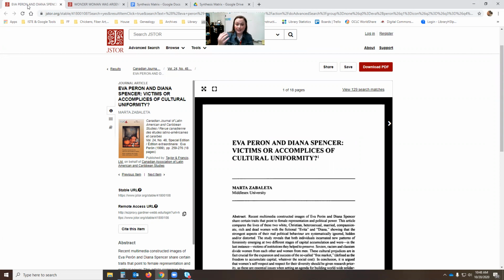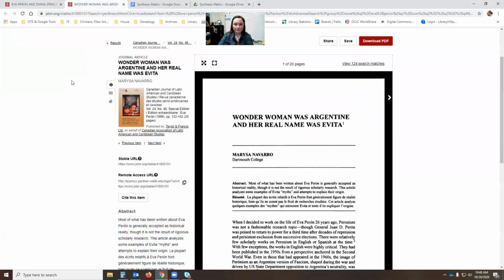And like Diana Spencer, Princess of Wales, she had this iconic role in the politics of Argentina at the time. So I have found two articles that look into the mythos of Eva Perón, or Evita as we sometimes know her today. So what I'd like to do is go back to our matrix.